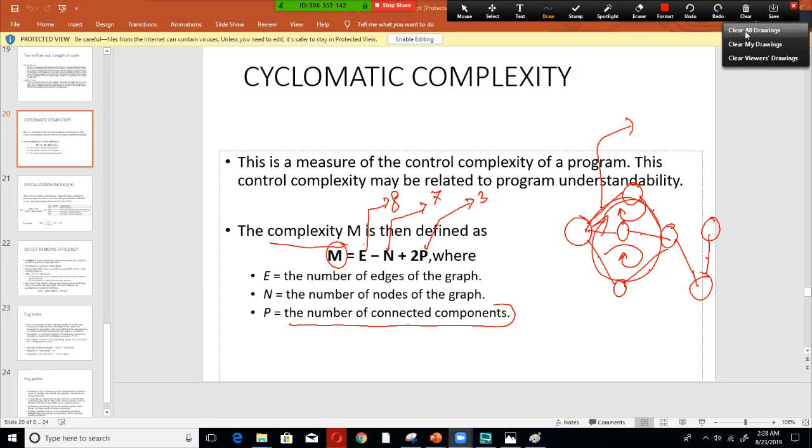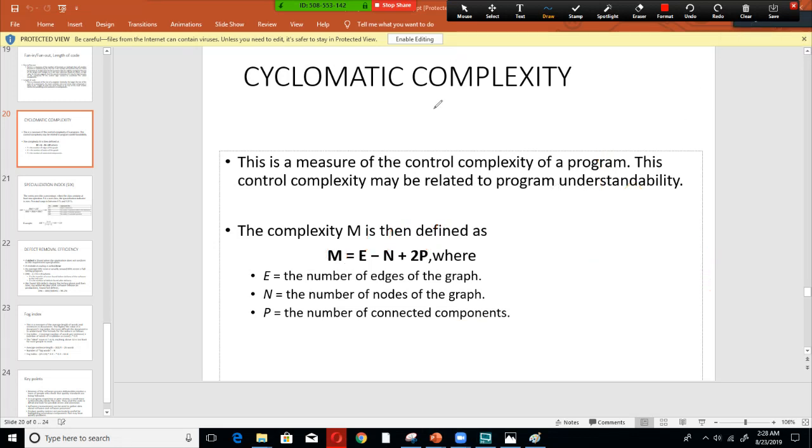And also I need to clarify some things about the cycles. So let's say you don't have bidirectional edges, you have single directional edges.